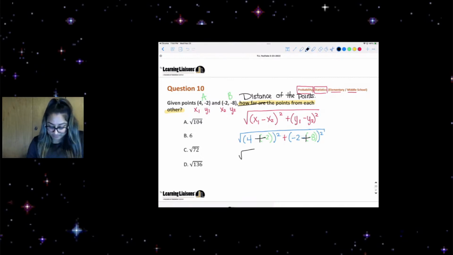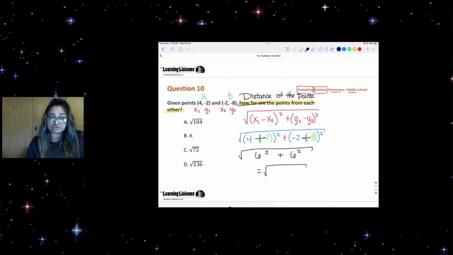So let's keep going. I will have 4 plus 2, which is 6 squared, plus, well, 8 minus 2, because my larger number is positive. 8 minus 2 is 6, and it's all squared. Okay, we're almost done.